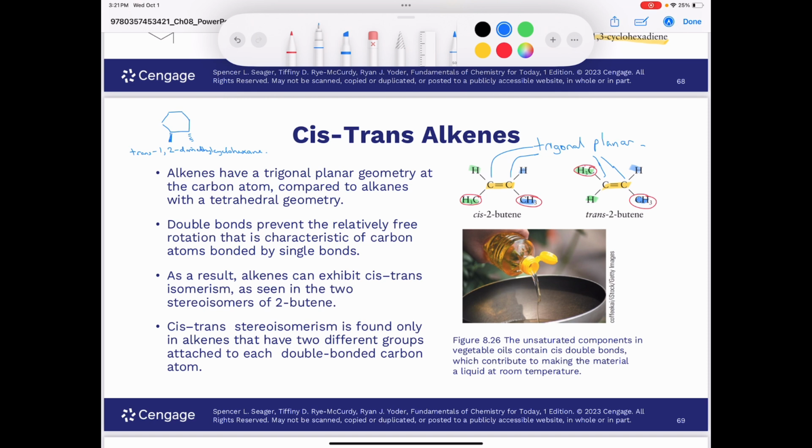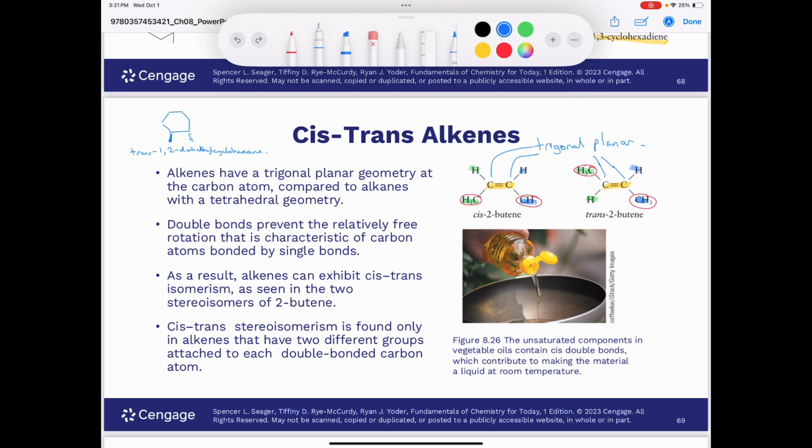And double bonds prevent the relatively free rotation that's characteristic of carbon atoms that are bound by single bonds. So again, to repeat, if you have a carbon-carbon single bond in a linear compound, there's free rotation. However, there's no rotation here. You can't rotate because you have a double bond. You can make a model and prove it to yourself that you can't rotate it. As a result, alkenes can exhibit two stereoisomers, cis or trans, and we see a couple of examples here.